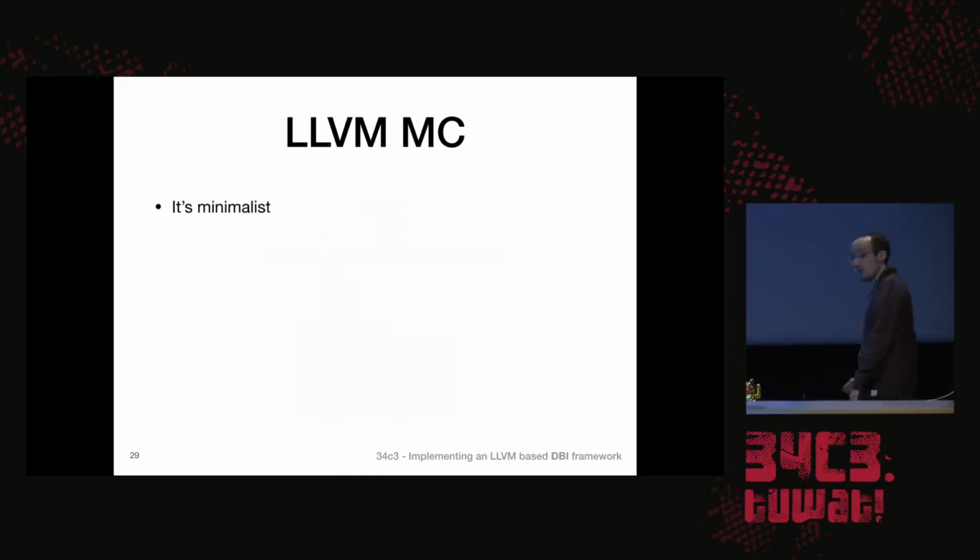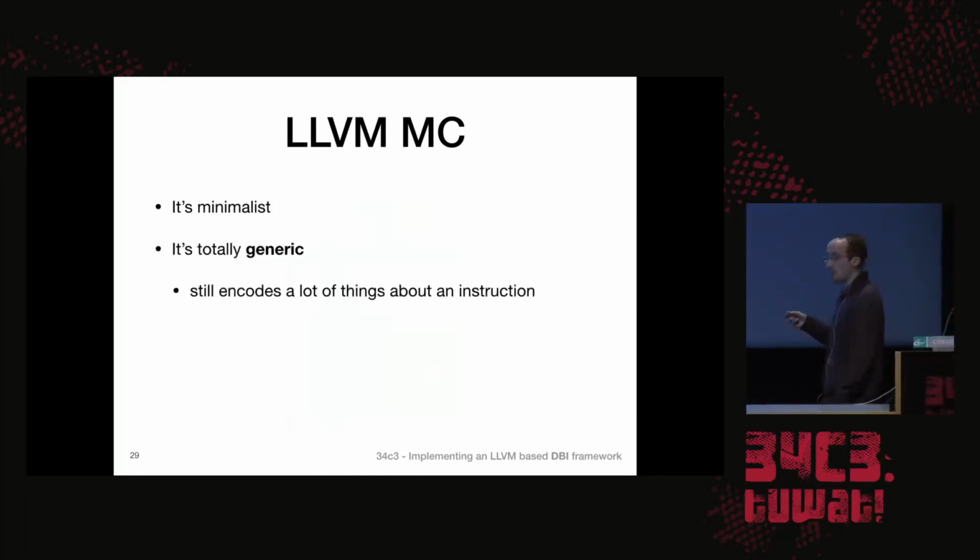So LLVM MC, as you've seen, is very minimalist, with only a few structures. And it's also totally generic. For all architectures, they use the same representation, which is quite good to work on, because we can do things in a totally generic way.